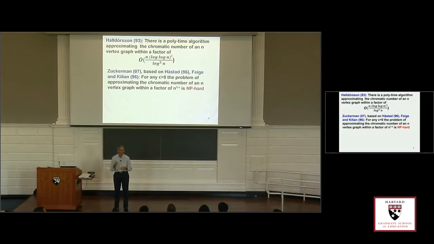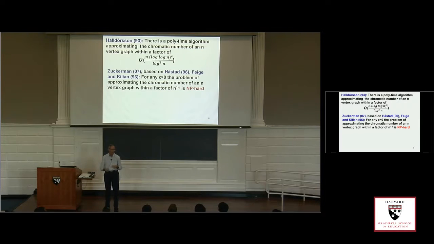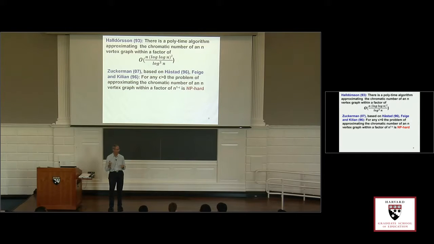What about hardness here? So Zuckerman, basically derandomizing some idea of Feige and Kilian, which is based on earlier work by Håstad, says that for any fixed epsilon, so epsilon could be 0.001, then it is NP-hard to approximate the chromatic number of an n-vertex graph up to a factor of n to the 1 minus epsilon.